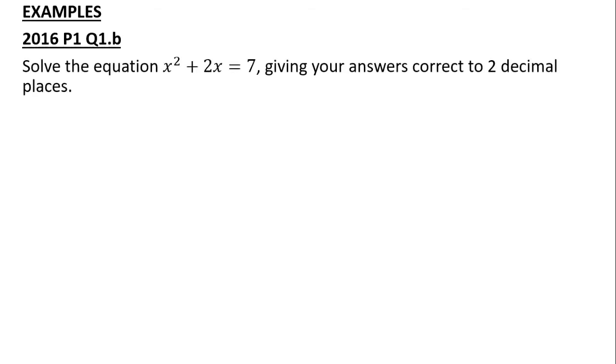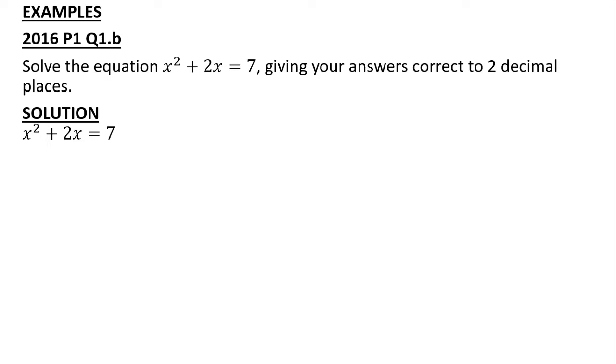2016. Solve the equation x squared plus 2x equal to 7, giving your answers correct to 2 decimal places. So we are going to take it step by step. This question already had 1 as the coefficient of x squared and the constant was already on the right hand side.